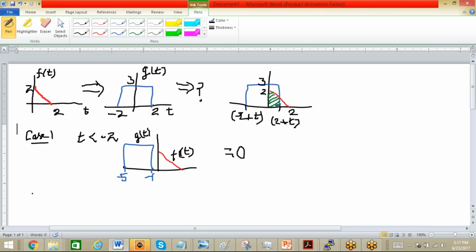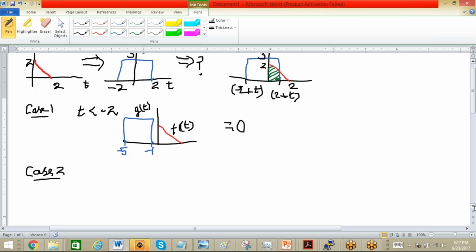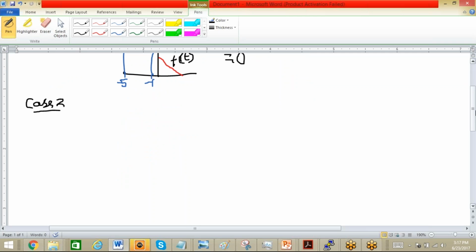Now, next thing is case number 2. Under this case, we have minus 2 is less than or equal to t, and t is less than 0.